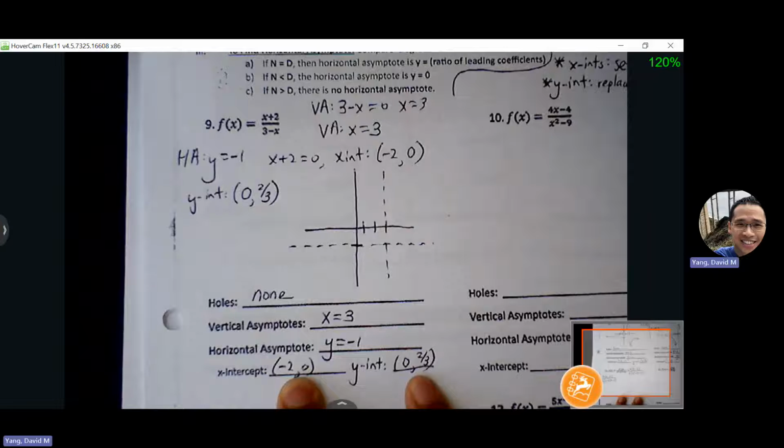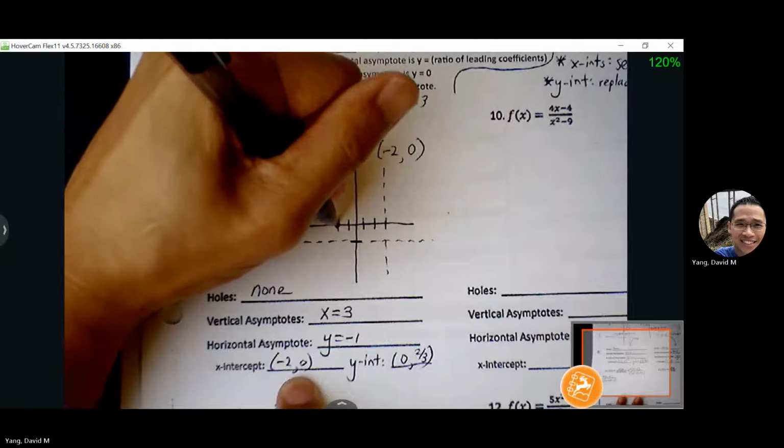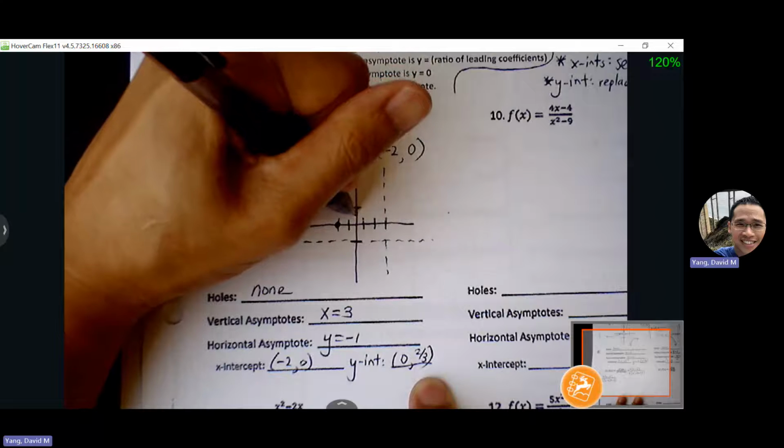The x and y intercepts will really help give us some anchor points along our graph. So -2, 0, 0, 2/3, under 1. So I'll put that here.